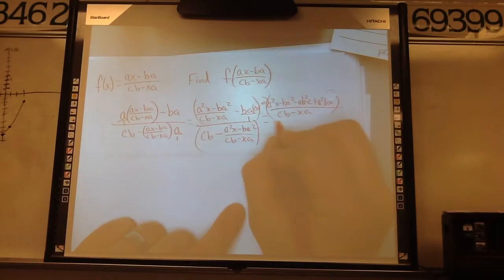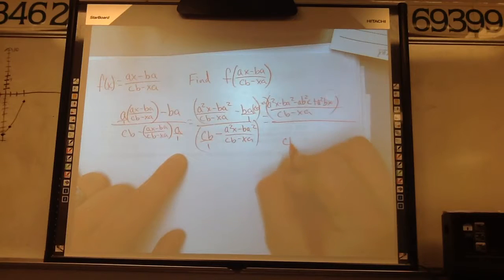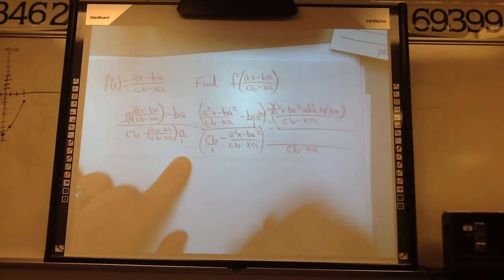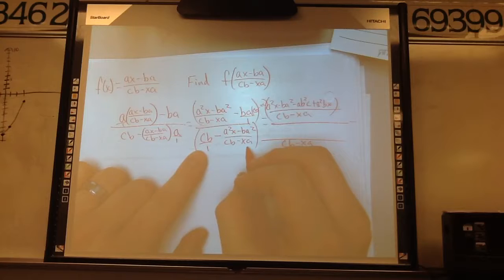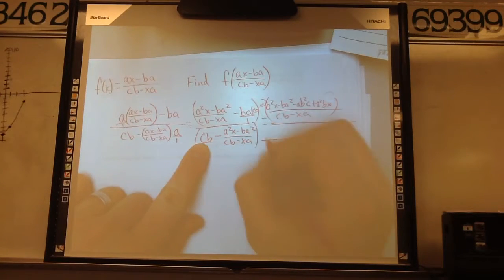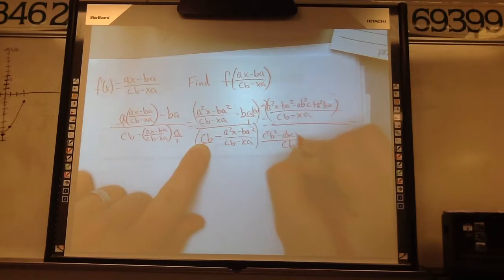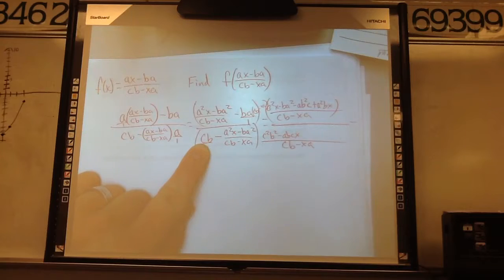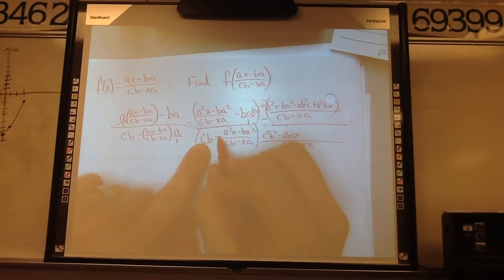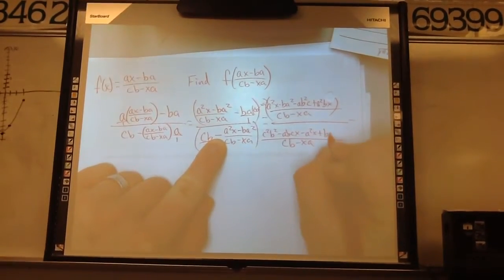The bottom: common denominator is cb minus xa. The top: you have to multiply that by c, so c squared b squared minus abcx, minus a squared x plus ba squared.